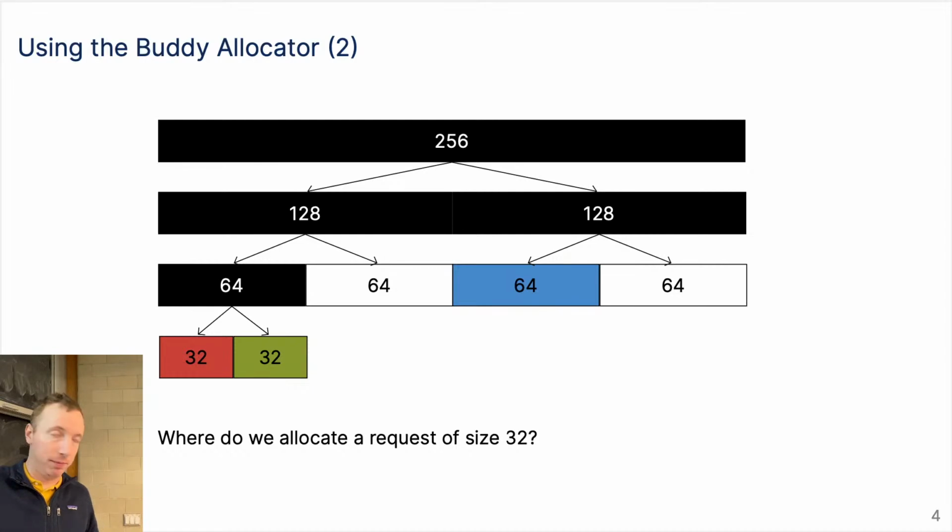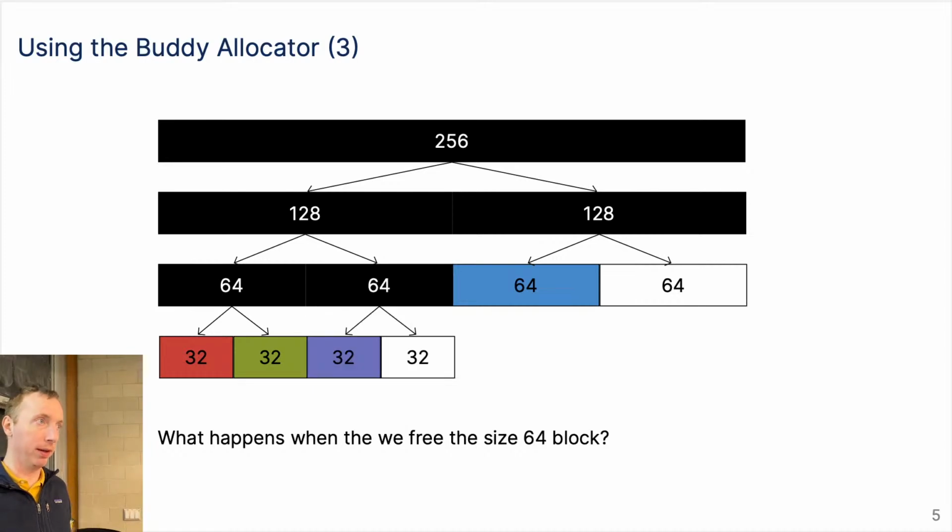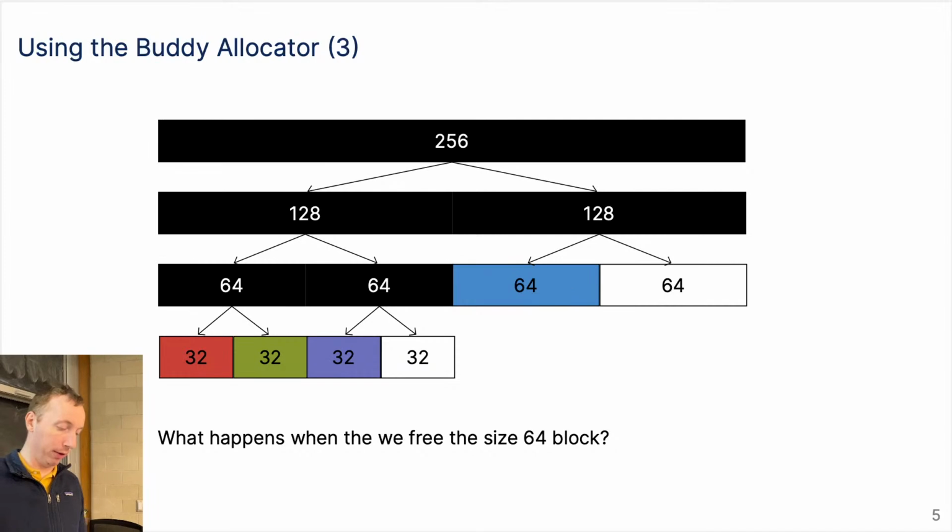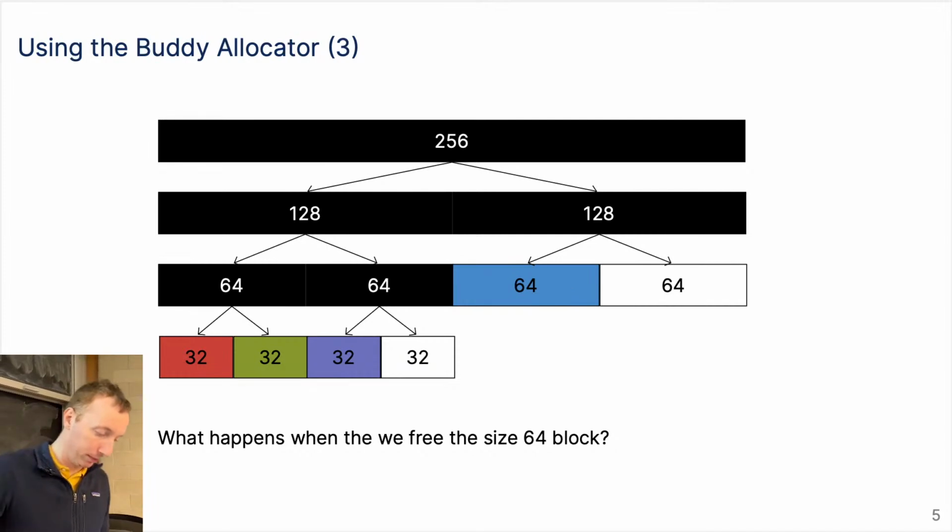Yeah, so I would just pick one of the 64-byte blocks. In this case, I'd probably pick the first one, split it into two, and then, hey, I'm at the correct size now. I have two free blocks, so I'd just go ahead and use one of them. So I split one of the 64-byte blocks into two. Now I do the purple allocation, and now I have a free 32-byte block.